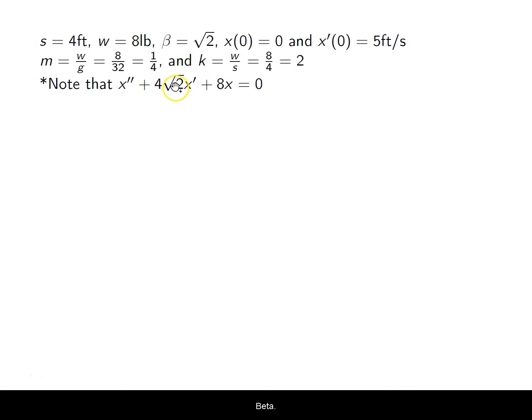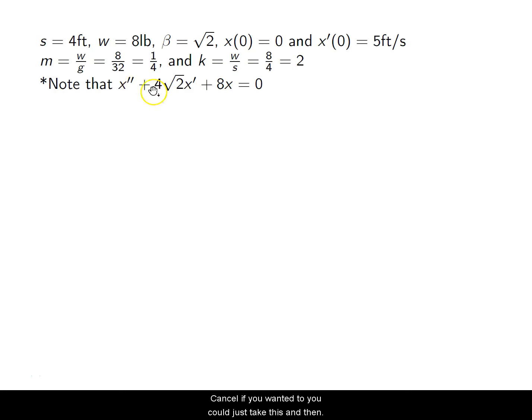Beta over M, and beta is the square root of 2. My M is 1/4, so square root of 2 over 1/4. You divide by a fraction, so that flips over to this. Remember, this is omega squared, this was my 2 lambda. Omega squared was K over M, or 2 over 1/4, so again that flips and turns into 8.